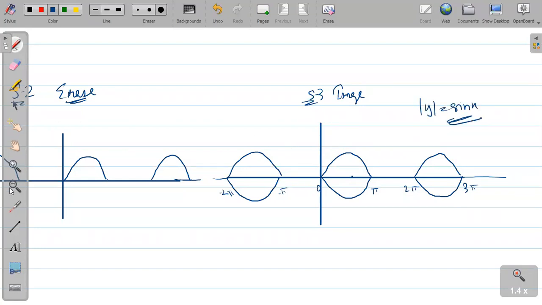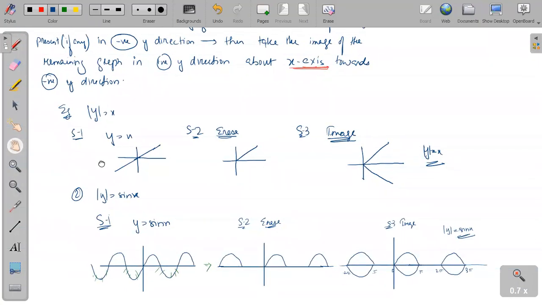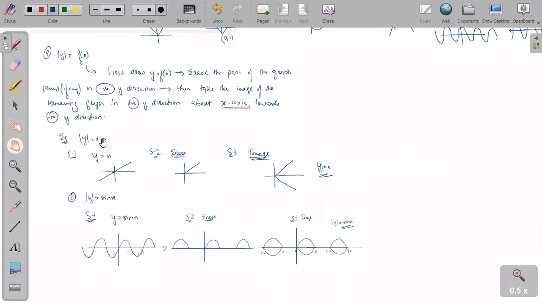Have you understood the steps? What steps I am taking? Write down point number 9. Check if any doubt is there, point number 9.